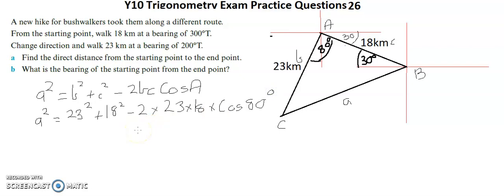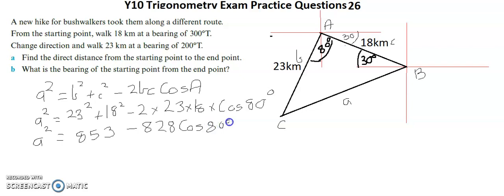Now I'm going to simplify that. If I go 23 squared plus 18 squared, I am left with 853. And if I go 2 times 23 times 18, I am left with 828, and it's times cosine 80 degrees.